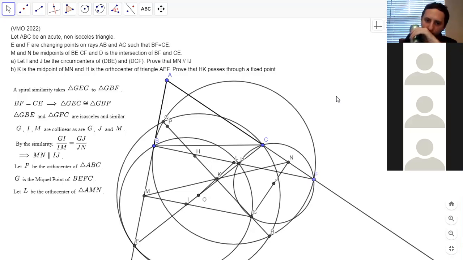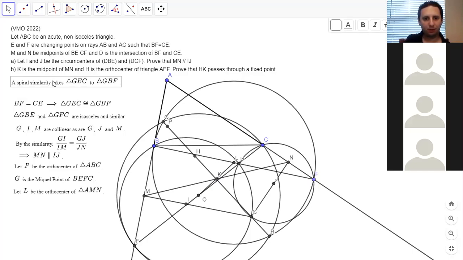Because then it will lie on the radical axis. Because when the circles are congruent, the radical axis is the perpendicular bisector of the line joining the centers. He's right. Because O and L are the centers, K has the same power with respect to both circles, which is just KO squared minus R squared. Interesting. So we are done.